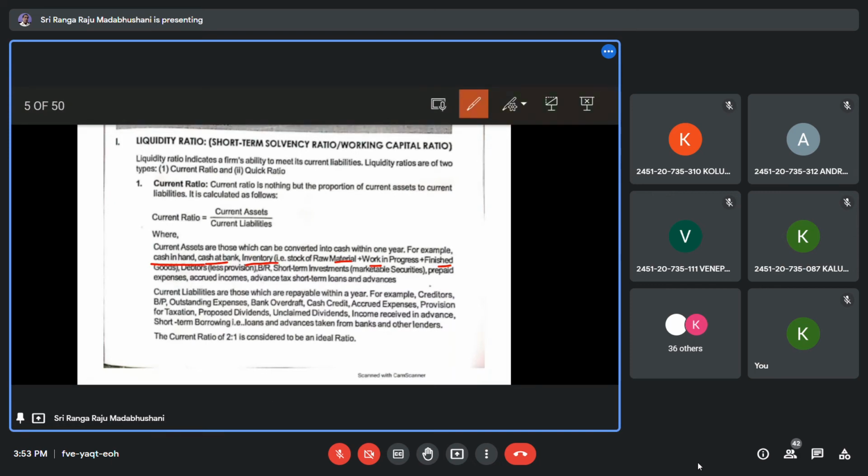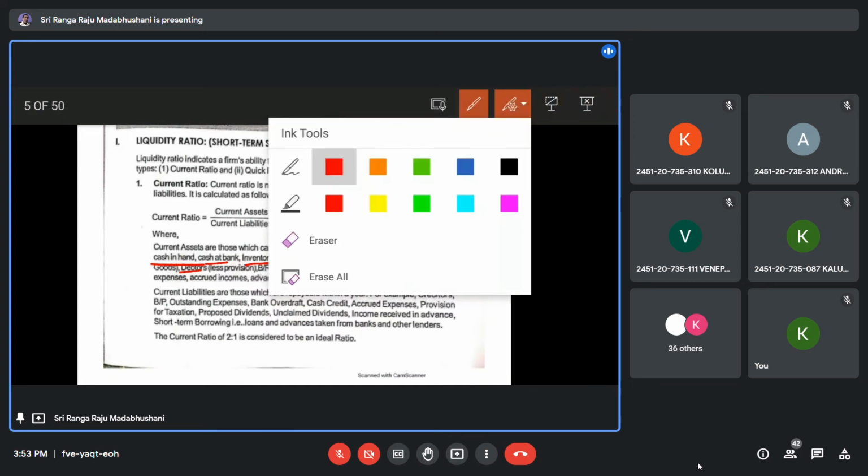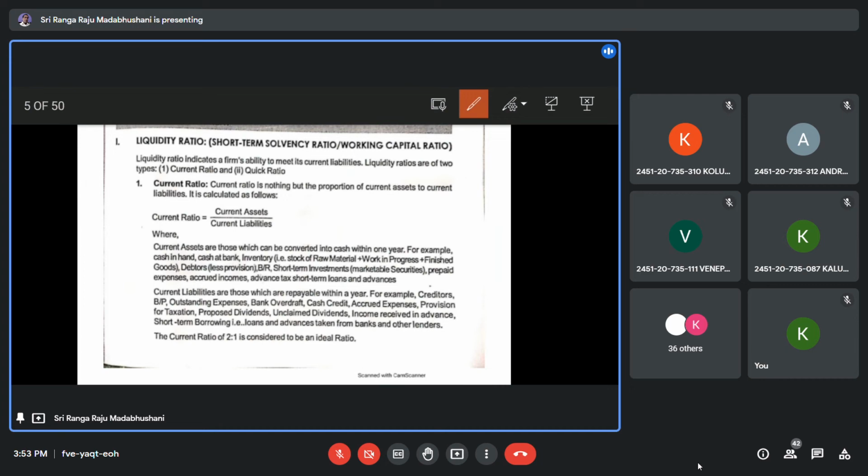Then debtors. As already said in earlier classes, debtors are of three types: good, bad, doubtful. Good debts you take directly. If debtors are given along with provision for bad debts or bad debts, then it should be subtracted. Then bills receivable, short-term investment.